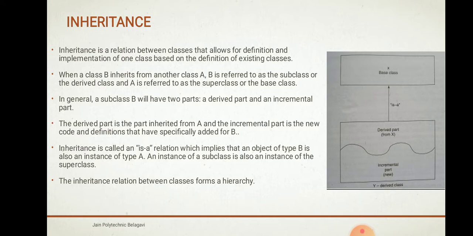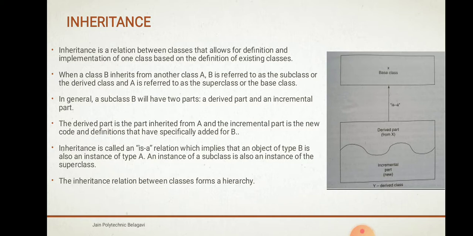When a class B inherits from class A, it means class B can use the methods of class A. Whatever methods are present in class A, class B can use those methods. B is referred to as a subclass or derived class, and A is referred to as the superclass or base class.